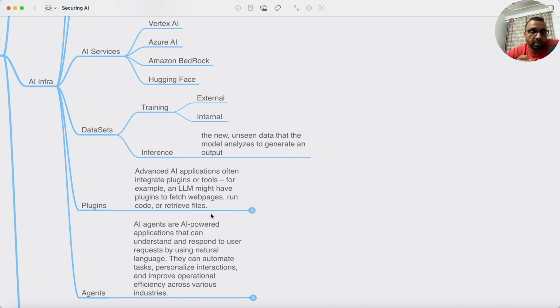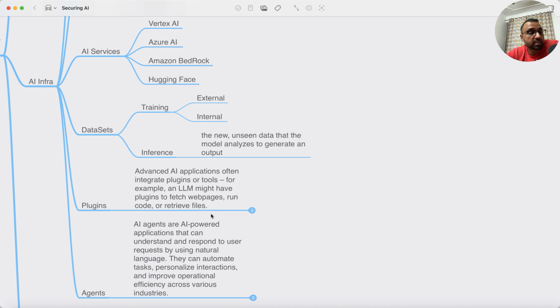For example, an LLM like ChatGPT or Gemini might have a capability to fetch web pages, run code, or retrieve files. As I said in the beginning, my note application has the capability to run ChatGPT, so I can ask questions about my content. It can query it locally, as well as search the internet and look for specific things, or any other ChatGPT capabilities that are there.